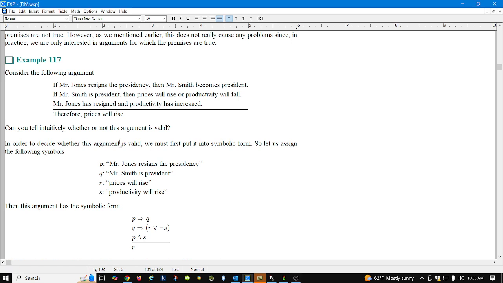And while it's a good exercise for your brain to try to sort out whether you think this is valid or not, ultimately, let's say you determine it's valid, and you have to convince somebody else. This can be very difficult.